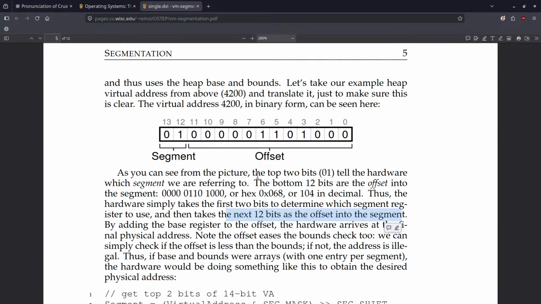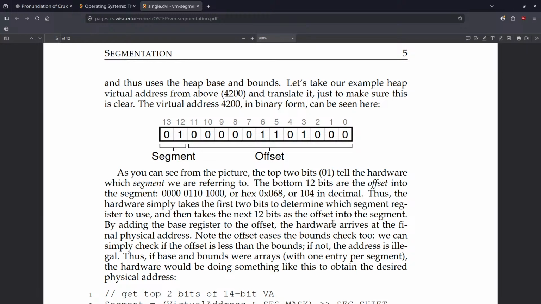By adding the base register to the offset, the hardware arrives at the final physical address. Note the offset eases the bounds check too.